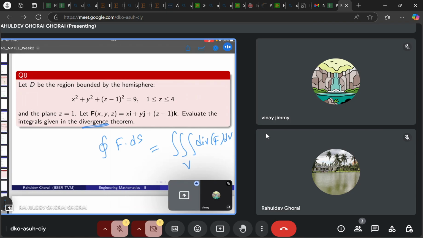Mainly, it is given to check whether both the things work, whether both are equal.